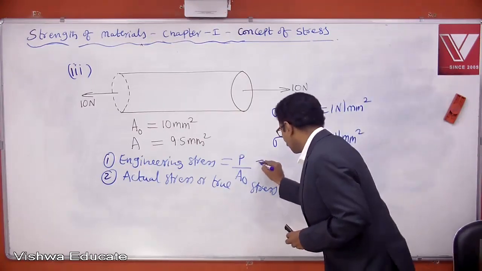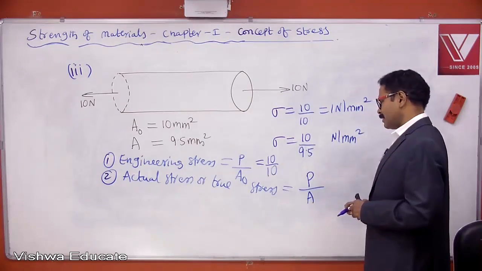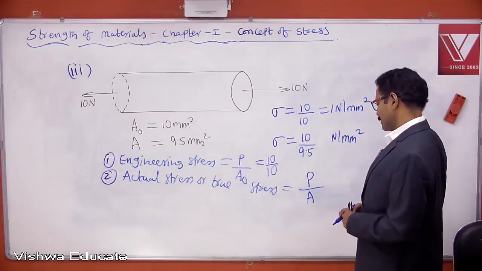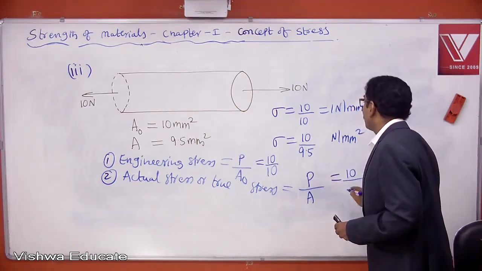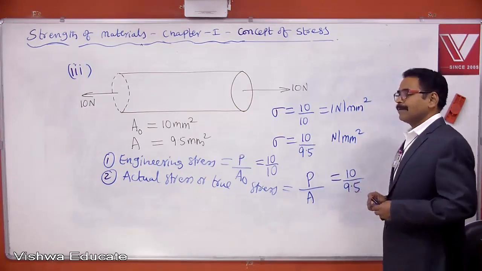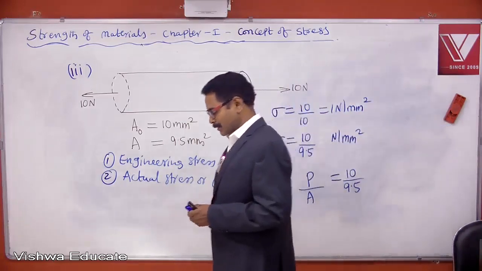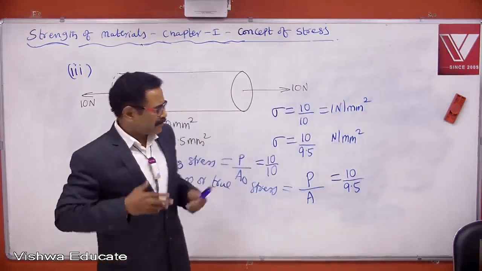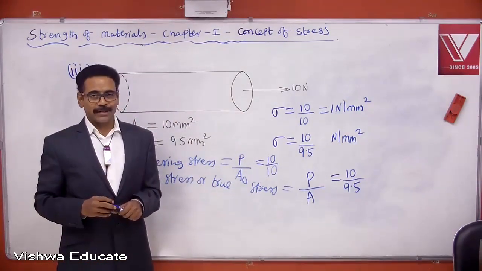So here, engineering stress is 10 by 10. The actual stress or true stress is P by actual area, that means 10 by 9.5. Understand? Don't confuse. If you use original area, that stress is called engineering stress. If you use actual area, that is called actual stress or true stress.